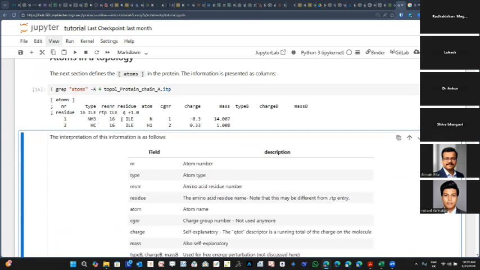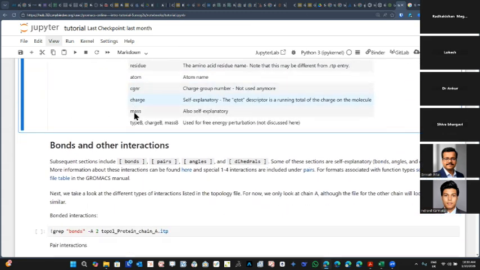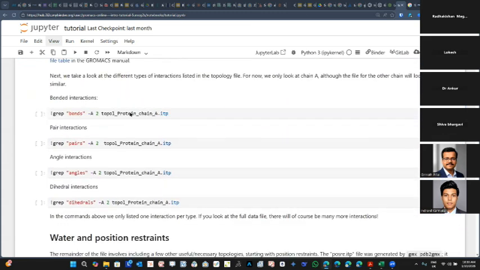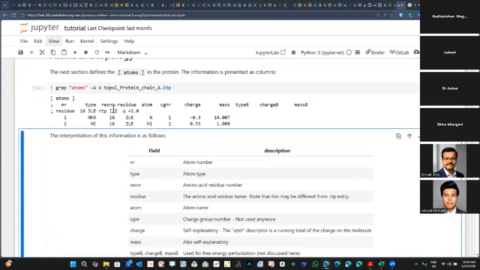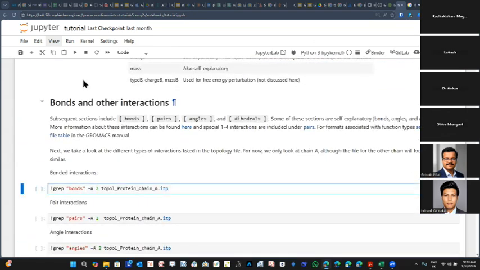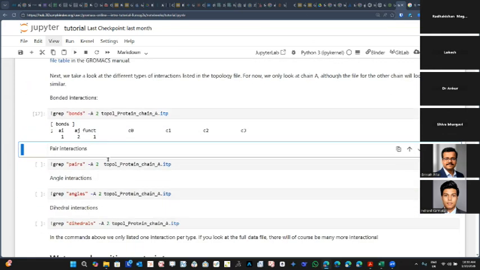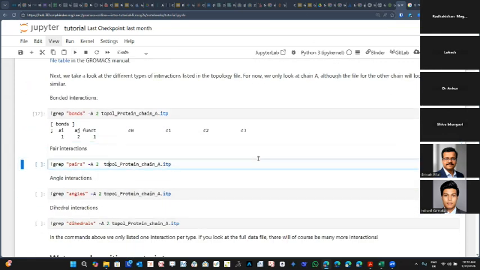You can see that these are RTP ILE, isoleucine, basically ILE means. And then this can also be looked at for the charged ones. And then if I'm going for bonds and interactions, I can look at the specific, oh, sorry, I think it's still running. No, it's run. Okay, yeah. So then I'm looking at the bonded interactions, if there are any bonded interactions already being looked at.